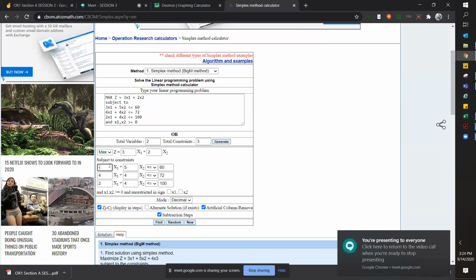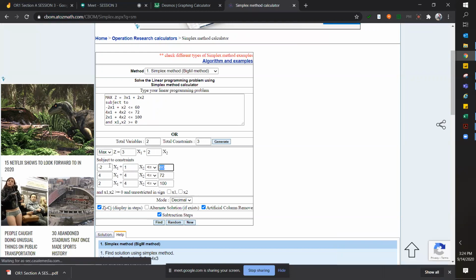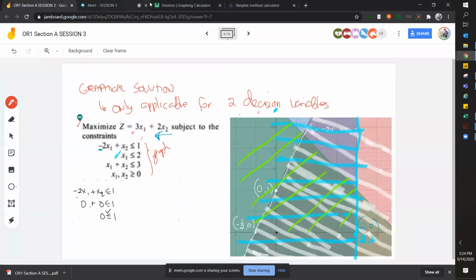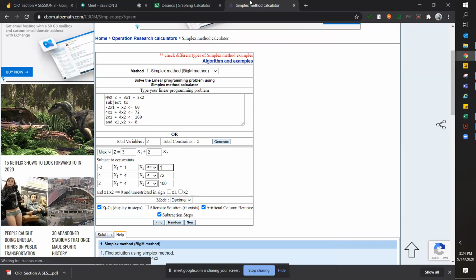And then I can just put in here -2, 1. Nakalimutan ko, that is 1, 2, 3. Okay. 1. And then this one is 1. Wala kang x2. Then this is 2. Tama naman yung sign. Then this is 1. This is 1. And then this is 3. Non-negativity. Okay. Hindi naman tayo nagre-restrict. Decimal. Okay, fine now.